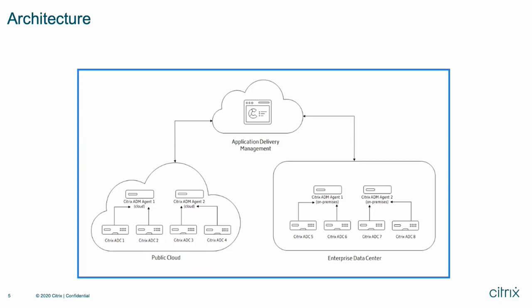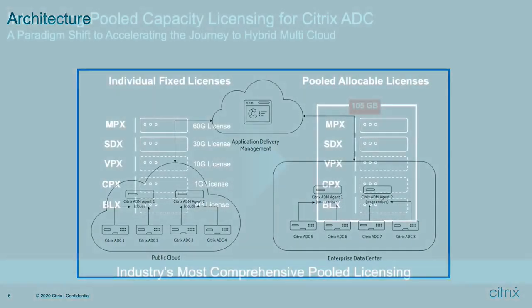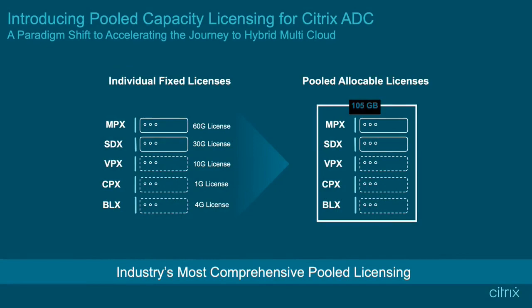So the ADM agents play a key role in this architecture because they are the communication points externally to the ADM service. Here, we've got individual fixed licenses across the entire estate. And if we take all of those, we can migrate them into a single pooled set of licensing.